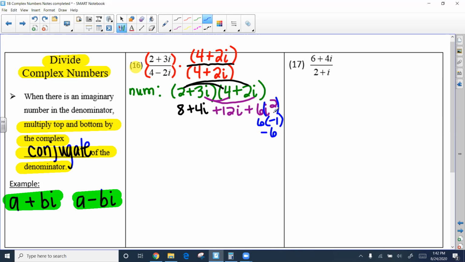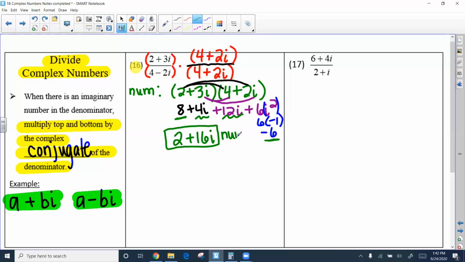So I simplify the i squared, then I can combine like terms. Combining now the real parts, I can combine the 8 and the negative 6, which is 2. And I can combine the 4i and the 12i, which is plus 16i. Okay, this is not my final answer. This is only the numerator.